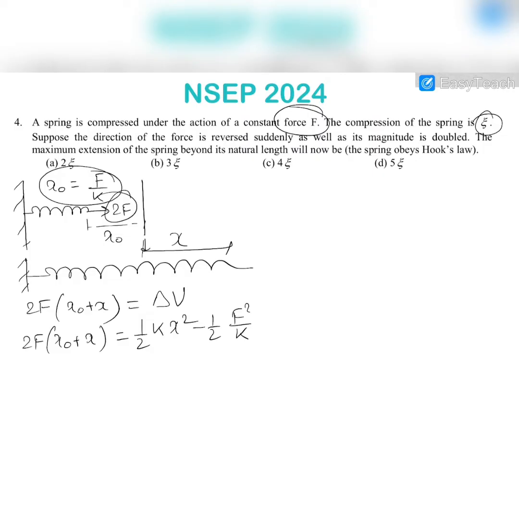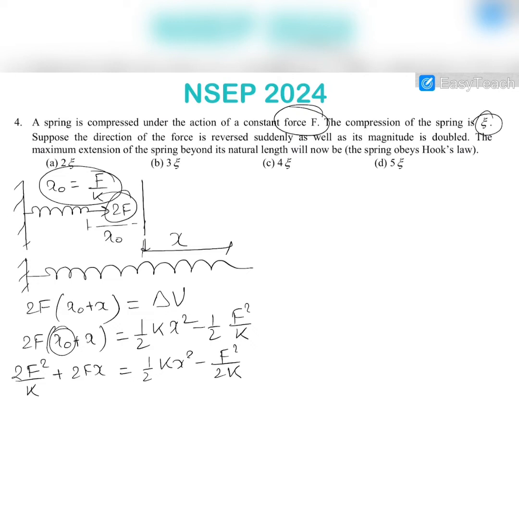So this is 2F and x naught is F by K. So this is 2F square by K plus 2Fx is equal to half Kx square minus F square by 2K.